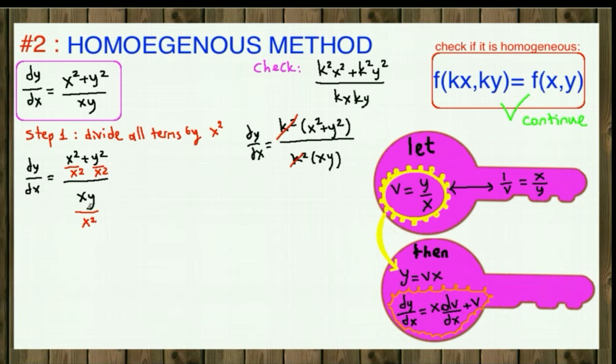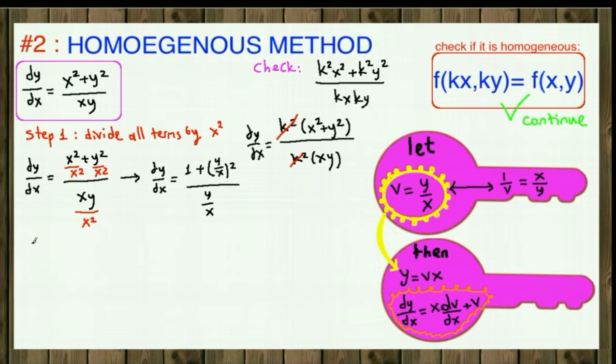So what we're going to get is dy dx equals x squared divided by x squared is 1, plus y squared over x squared. You can write it in this form, over, this is going to be y over x.